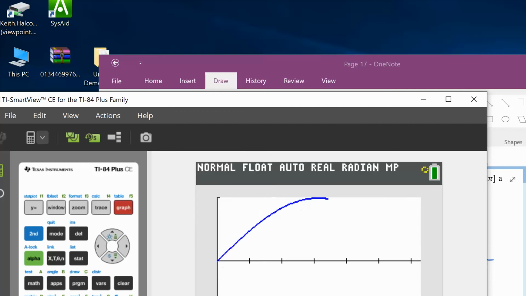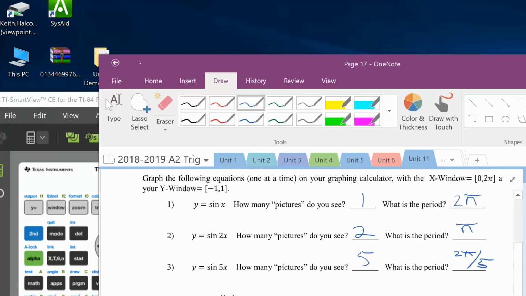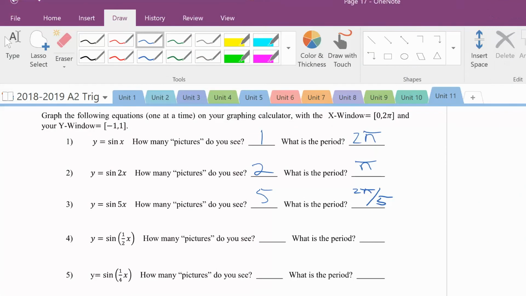Okay, graph it. Now notice you don't even get a full cycle. You get half of a picture. So the period is actually going to be double. It's going to be 4 pi because it's going to take twice as long to repeat.